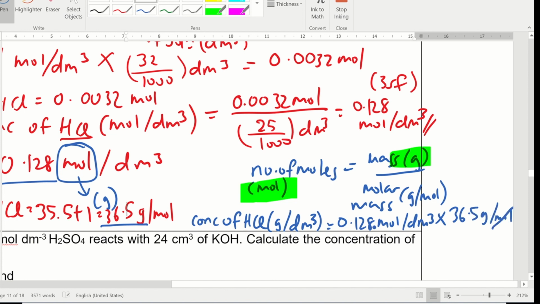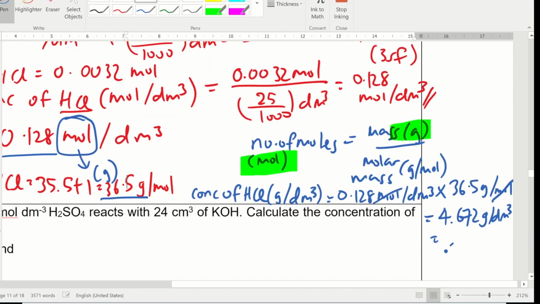I cancel away the unit. I will get 4.672 gram per dm³. Always round to 3SF. I'll get 4.67 gram per dm³.